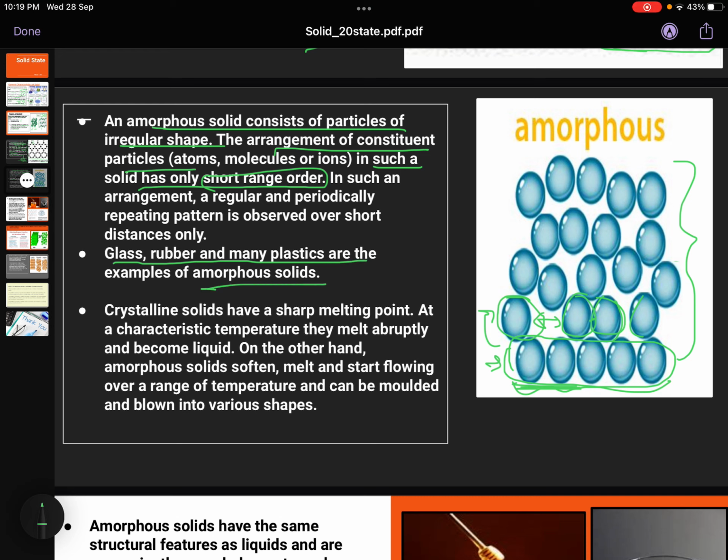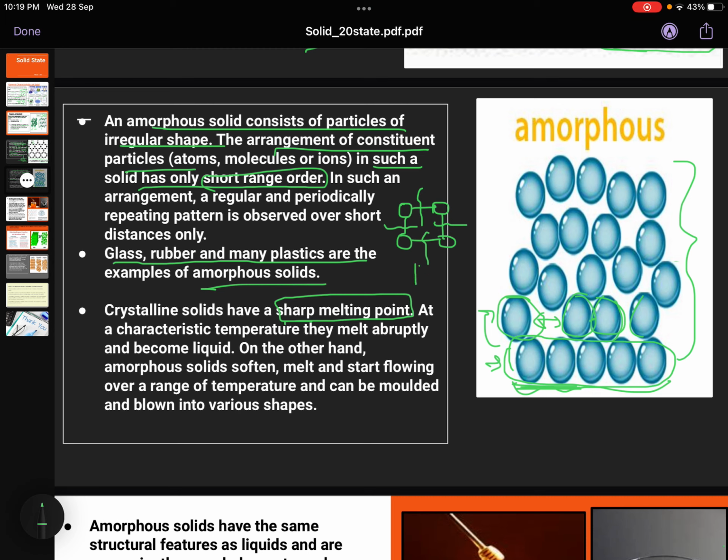Okay, next point is that crystalline solids have a sharp melting point. Why? Suppose this is a crystalline solid. They have a regular arrangement, meaning the bonds have a regular pattern. They must all have the same bond length, so they all require the same energy to break their bonds.